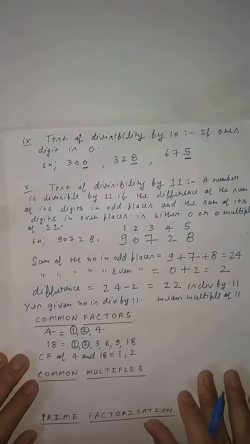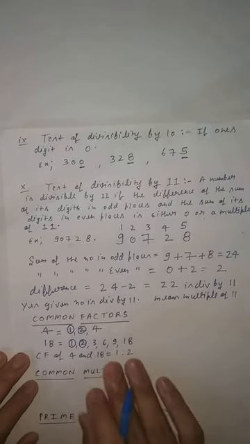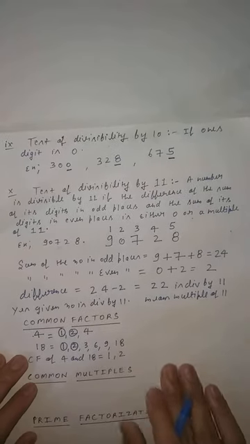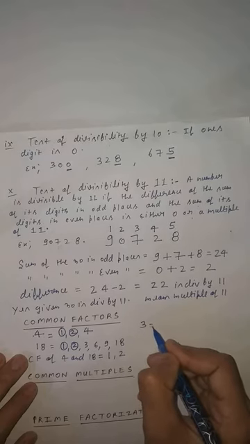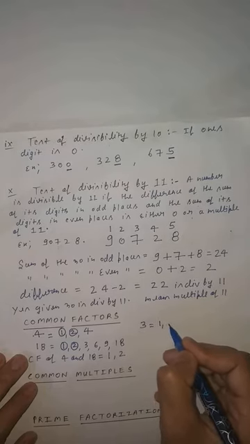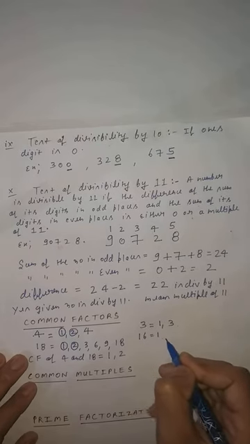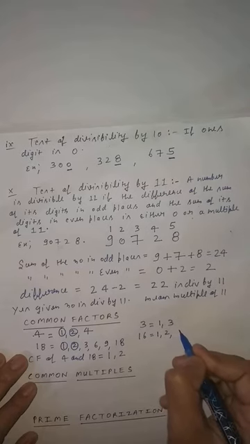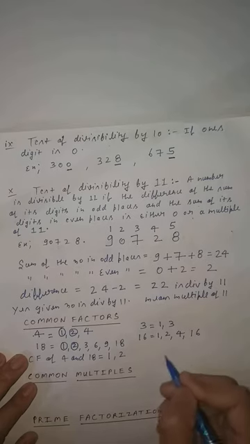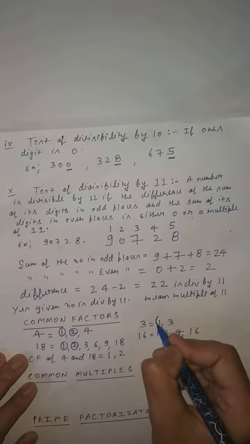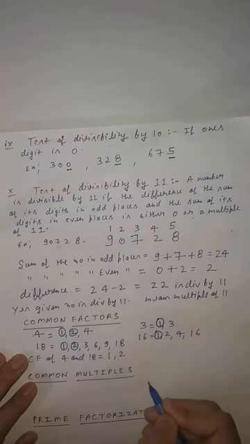So what is a common factor, students? Common factor means the number which appears among the factors of both numbers. Now if I take another example like 3 and 16: factors of 3 are 1 and 3, and factors of 16 are 1, 2, 4, 8, 16. Clear students? So here you can see clearly that only 1 is the common factor of 3 and 16.